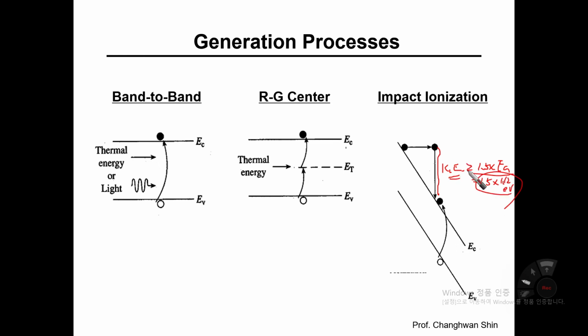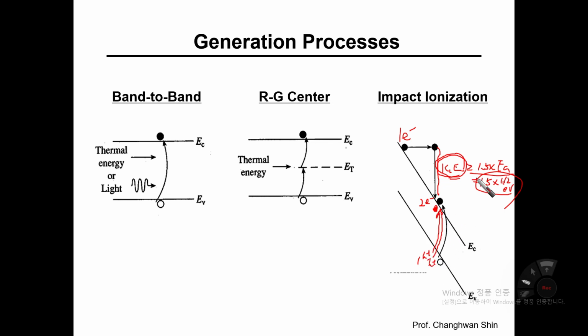If this kinetic energy is equal to or higher than 1.5 times 1.12 electron volt, the lost energy would induce one more free electron from the covalent bonds between two neighboring silicon atoms, and a single hole is definitely created. So now two electrons and one hole are left. Originally there was a single electron, but as long as this kinetic energy is higher than 1.5 times the band gap energy, electron hole pairs are created.